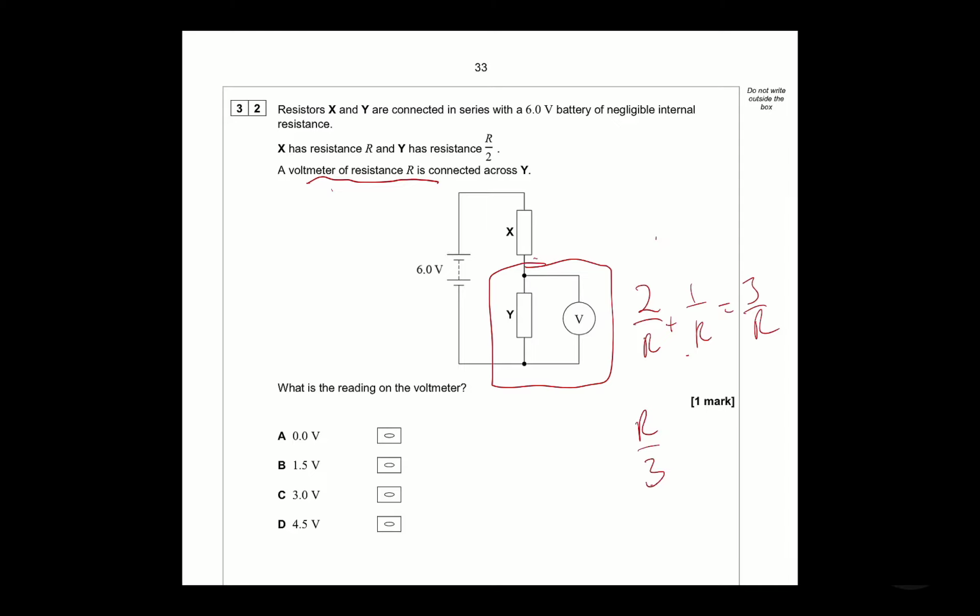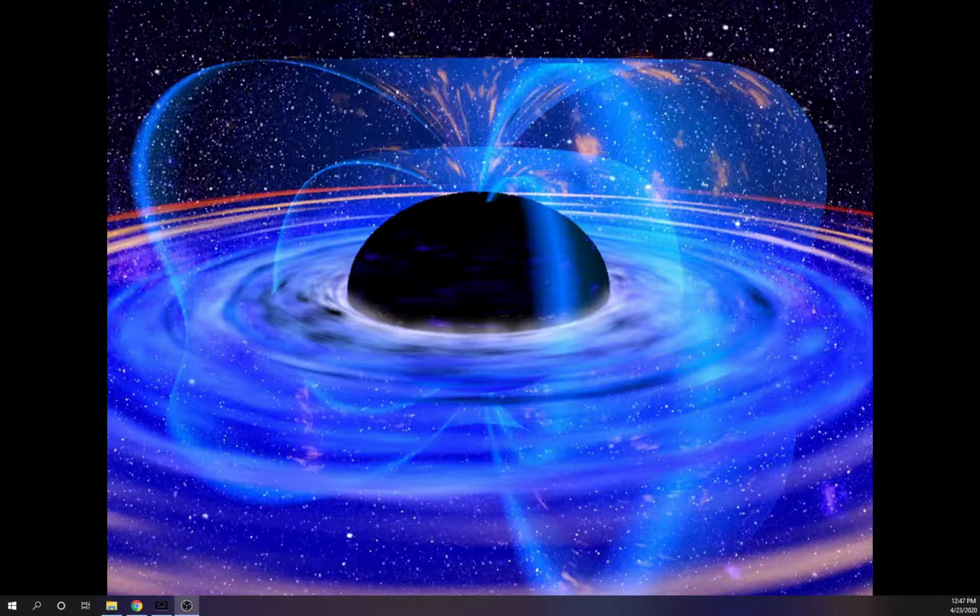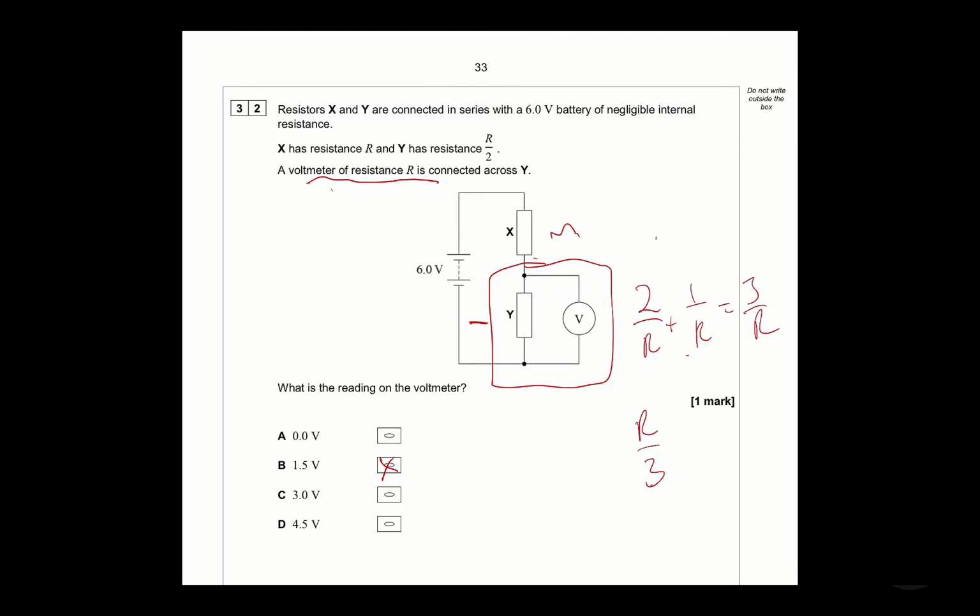Which means that my ratio between this section and this section is, if this is 3, this is 1. So it's 3 to 1, or 1/4 of the voltage will be at Y, and 3/4 will be used at X. So it is 1.5. Oh, I definitely need to use my stamp for this one. That's kind of... It happens to all of us.